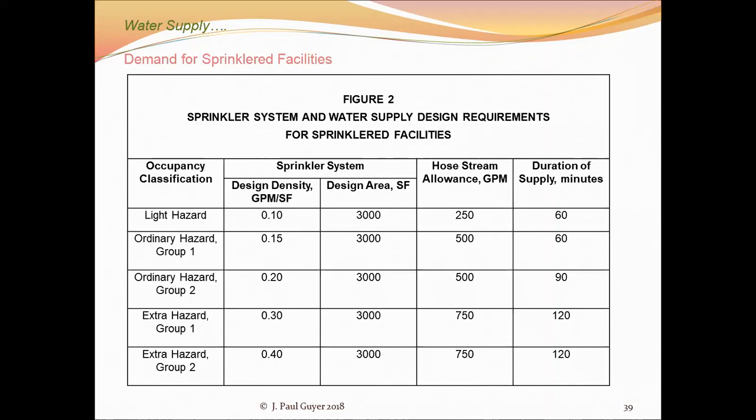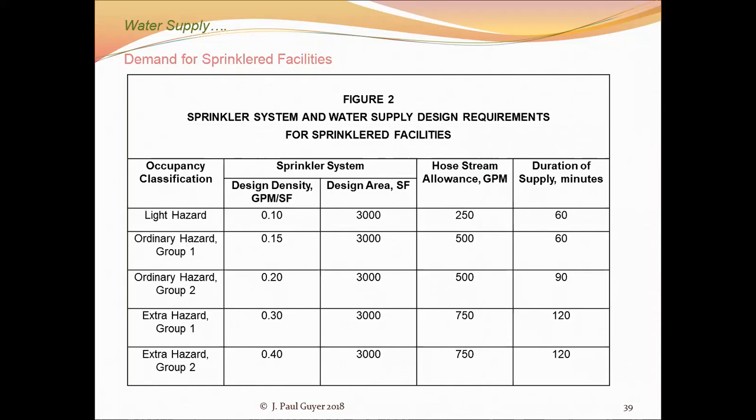And for what duration does this supply need to be provided? This is the assumption that is made that you will extinguish that fire within this period of time. And that duration of supply is 60 minutes for a light hazard occupancy. So 300 GPM plus 250 GPM gives 550 GPM for 60 minutes.